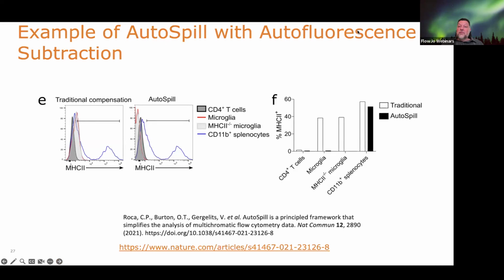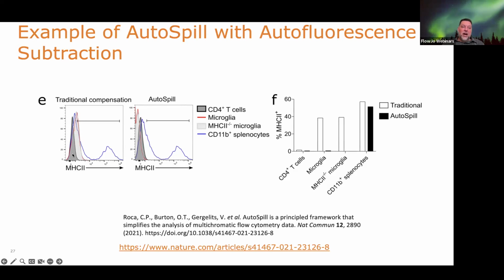So here's an example from the paper with AutoSpill improving the detection of MHC2 on microglia. And the take-home point here is pretty simple. With traditional compensation and no removal of the autofluorescence, you get an overestimation in the microglia populations, which is the red traced histogram here.